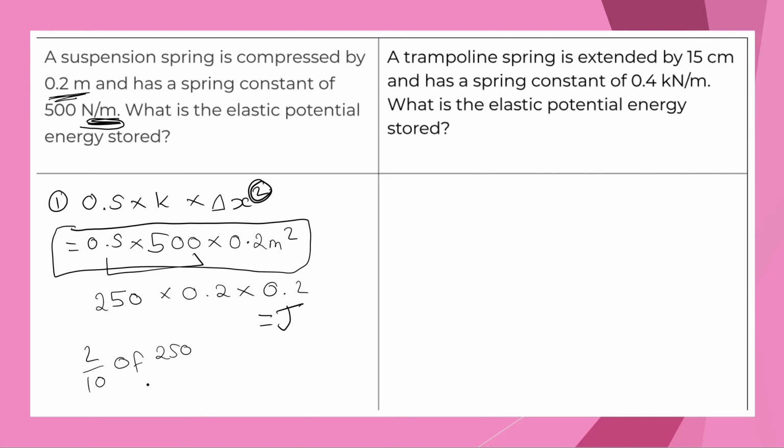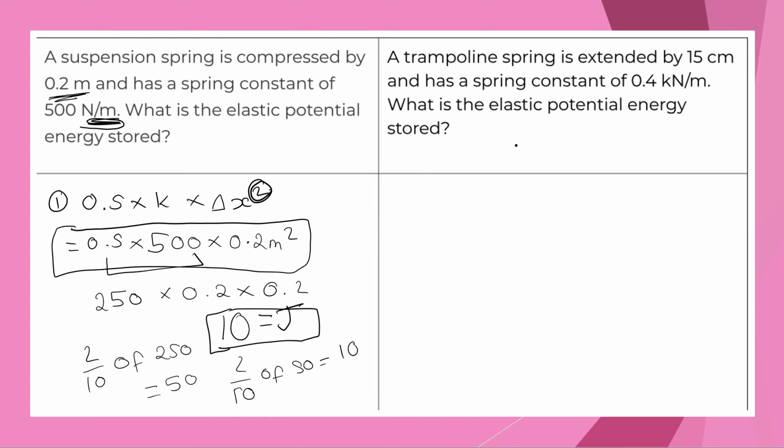That would be 50. And multiplied by 0.2 again, it would be 2/10 of 50, which would be 50 divided by 10 multiplied by 2, which would give you an answer of 10. So we know that the elastic potential energy stored in the object is 10 joules, and that is our final answer.